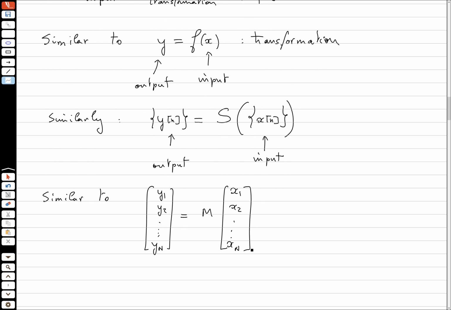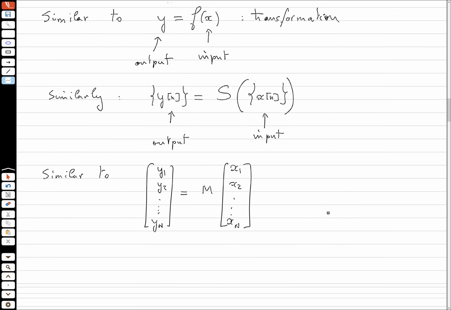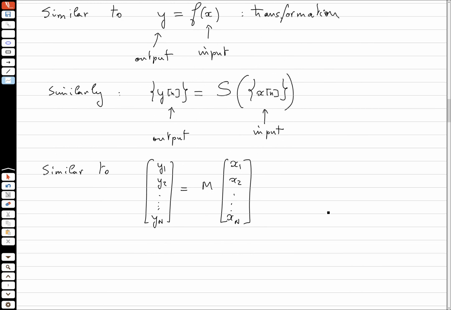You understand? You know how this works. It's an input, output. How many numbers do you have in the input? N numbers, which are transformed into n numbers.